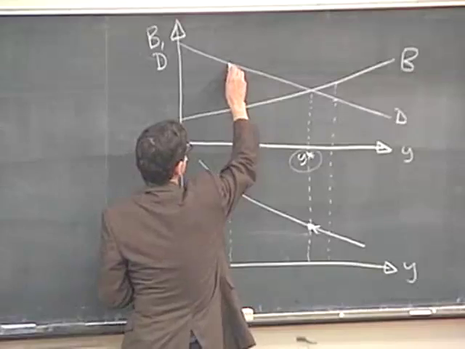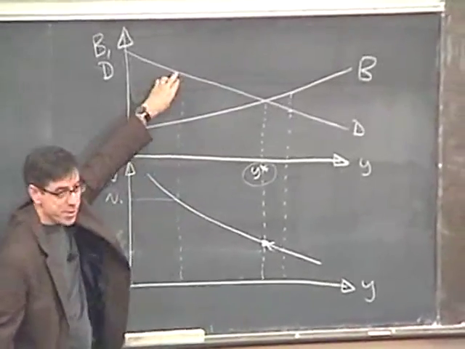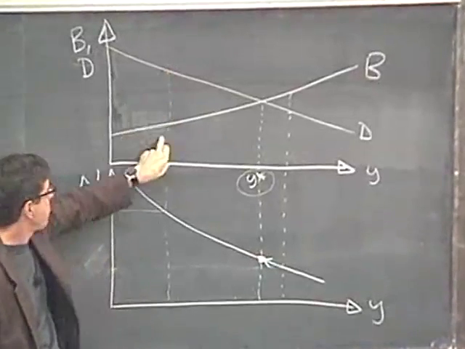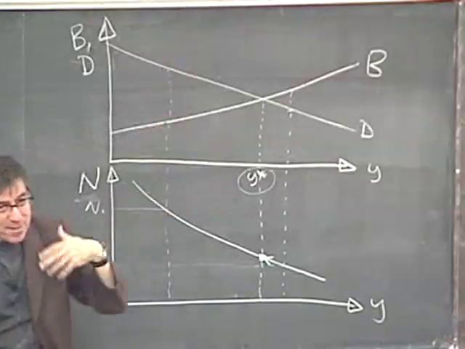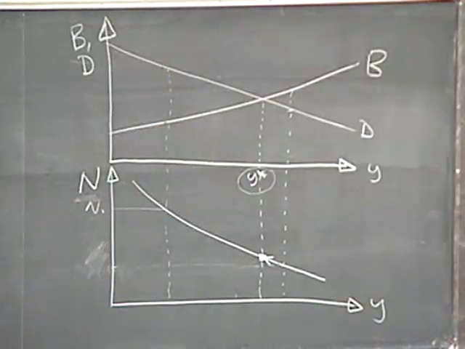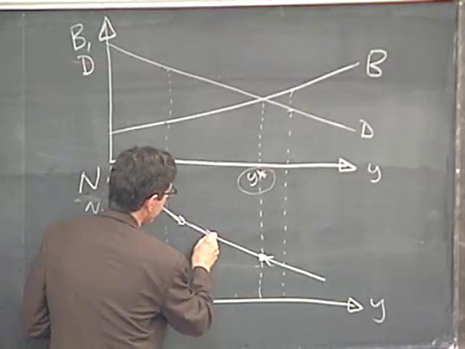At this very low level of income, what's going to happen is that death rate is going to be very high and birth rate is going to be very low. Okay? If deaths exceed births, then the population by definition has to decline. So as we go from one generation to the next, we're moving to a smaller population. And we start, in this case, moving down this curve.